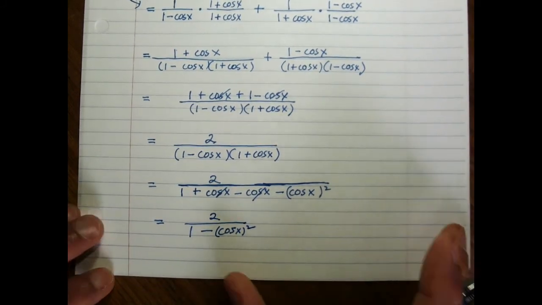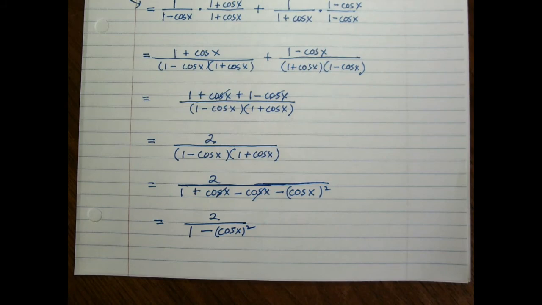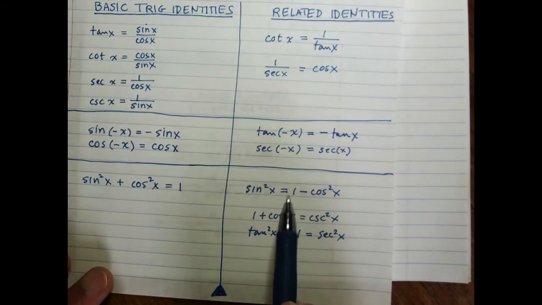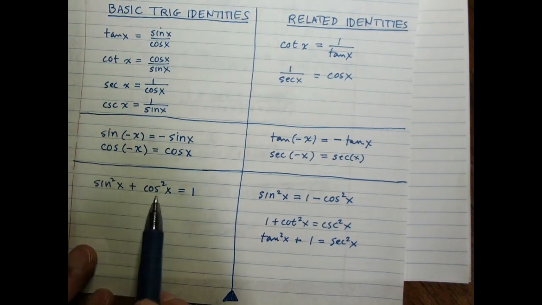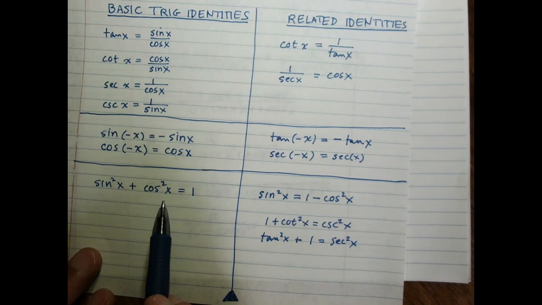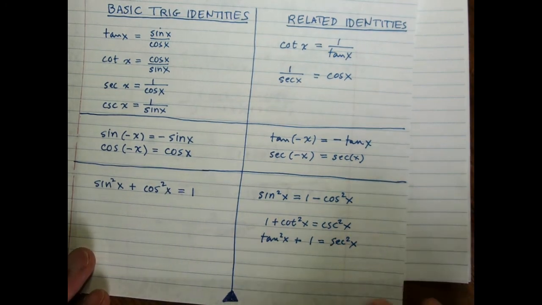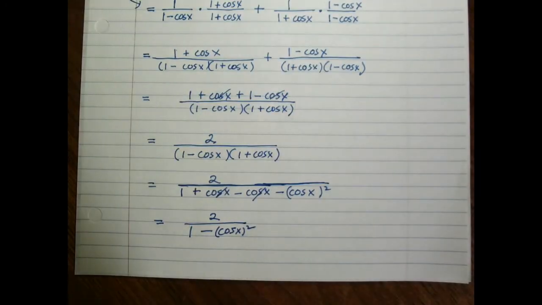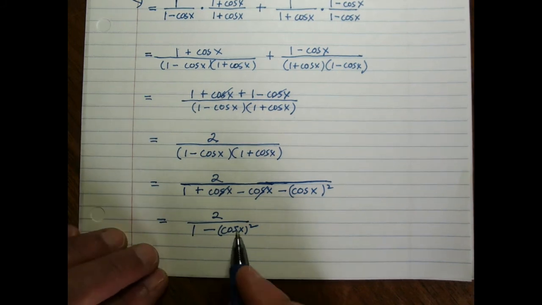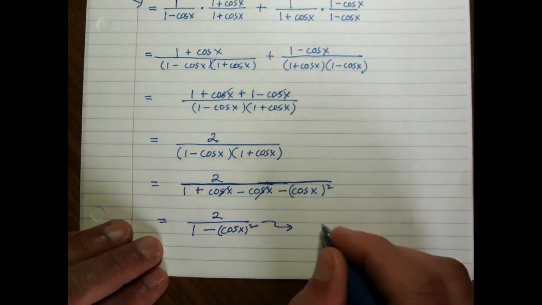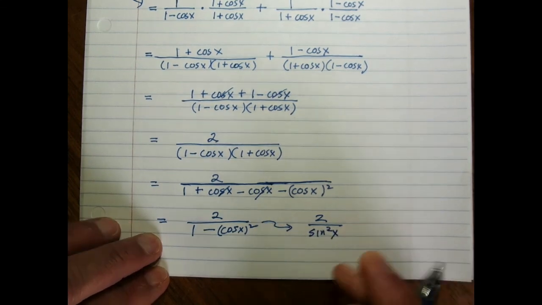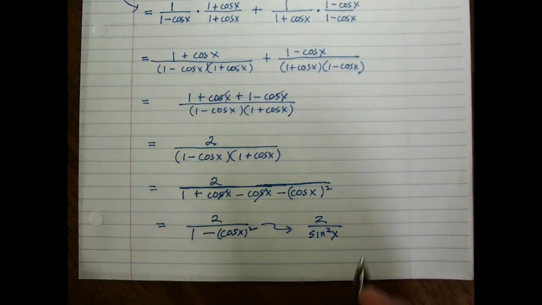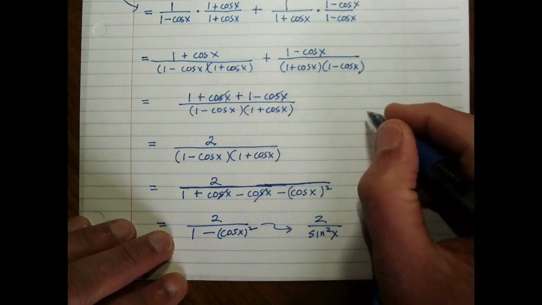Now I see a square of cosine involved, because remember we talked about that variation on our most famous identity, sine squared plus cosine squared is 1. And what we have here, 1 minus cosine squared, is equal to sine squared. So we can write that fraction as just 2 over sine squared.